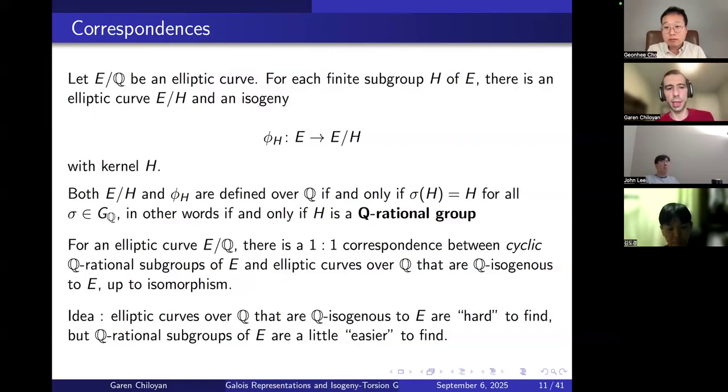So if you have a finite subgroup of E that is Q-rational, you automatically get another elliptic curve that is isogenous to E. Because I like to work with group theory so much, this makes life so much easier, because it's so much easier to work with subgroups of a group than it is to come up with an elliptic curve out of nowhere that is isogenous to my elliptic curve E. So that's why this theorem is extremely important to me.